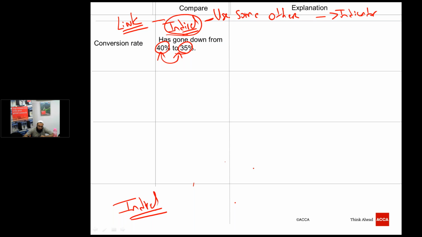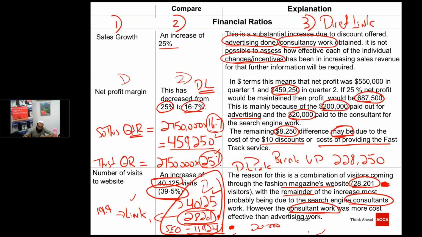I will use some other NFPI here to create an indirect link. And what is that? If you look at the previous reason of number of visits, it's quite clear. 28,000 came from magazine, and 11,000 came from SEO. I am creating an indirect link with another indicator. Learn this art.